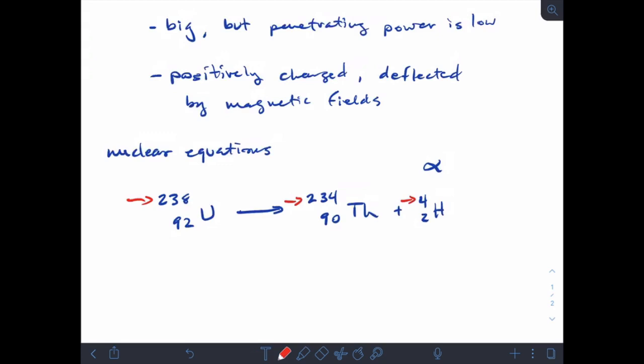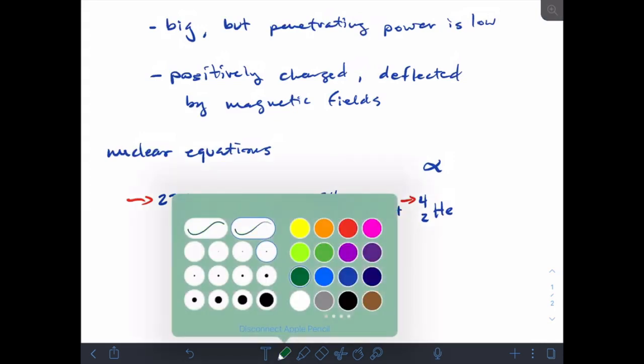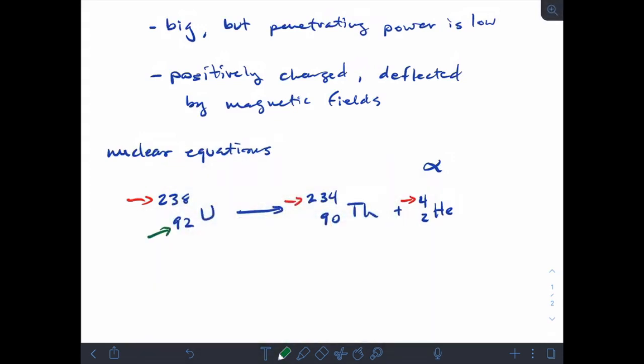And that should be not an H, but an He, excuse me. Then the other thing to pay attention to is the atomic number. 92 becomes 90 plus 2. So with alpha emission, you will always have a change in the mass number of 4 and a change in the atomic number of 2.